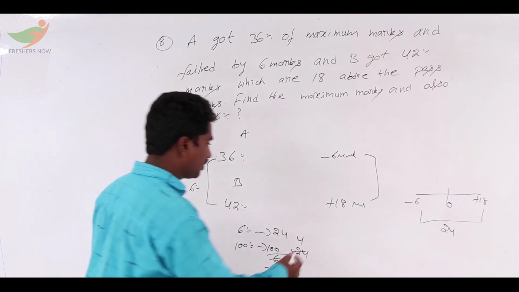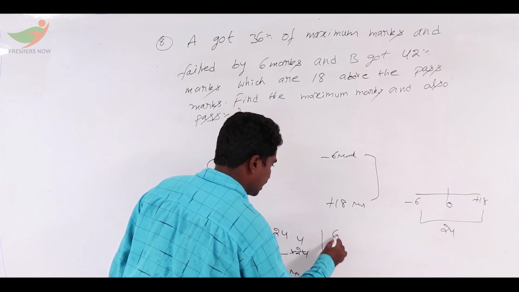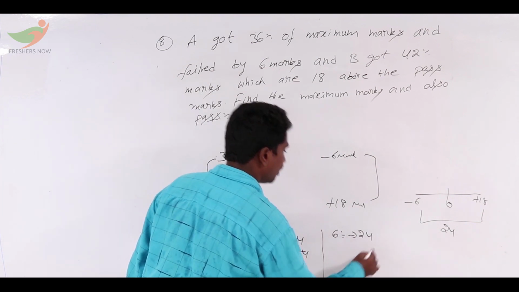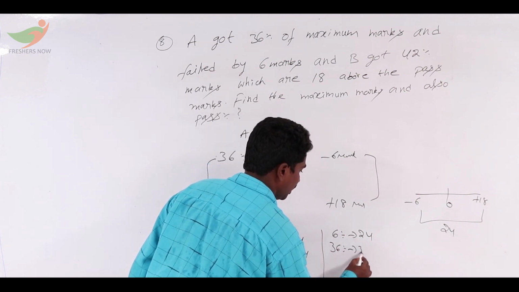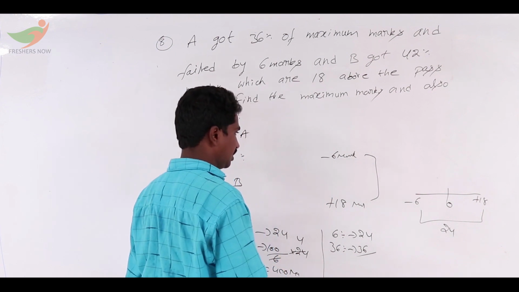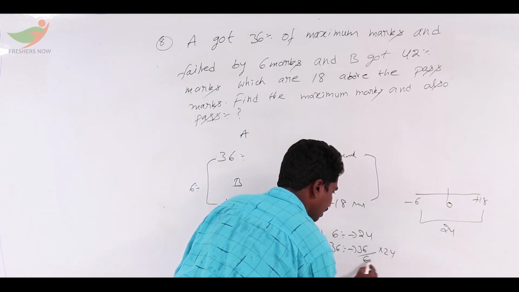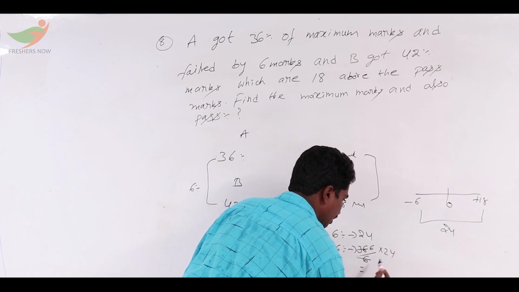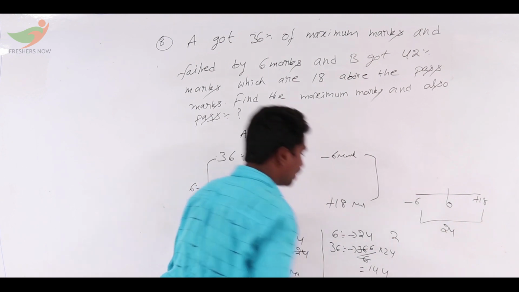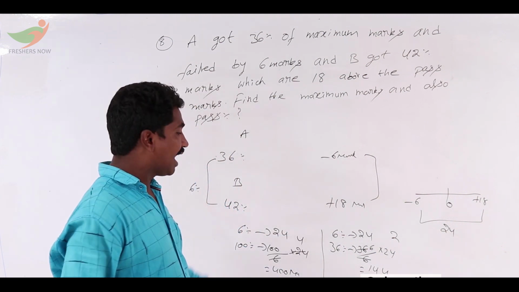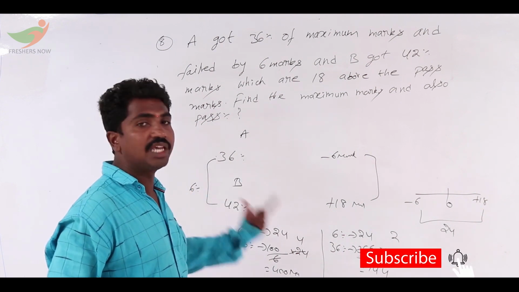Pass percent. If you want to find pass percent, here we know 6% is 24. 36% how much? 36 by 6 into 24. Here 36% is 144. At 36% he failed by 6 marks. If we add 6 marks, he will pass.